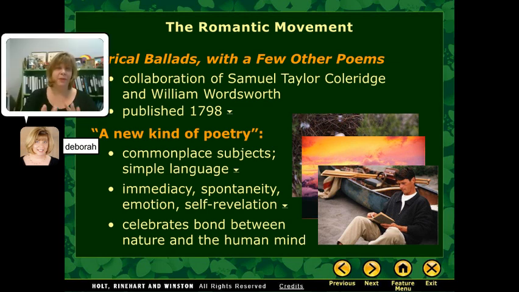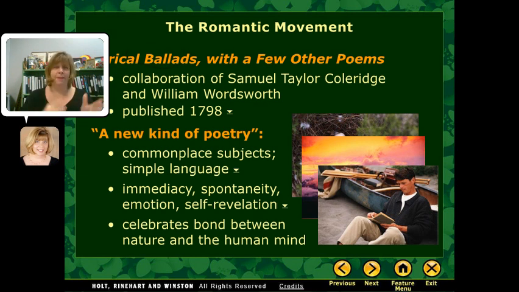Now, in Great Britain, the first piece of work that we really consider in the literary world to be part of this Romantic movement probably goes back to a book of poems that was published called Lyrical Ballads. And this was a collaboration of two of the greatest British Romantic poets, Samuel Taylor Coleridge and William Wordsworth. And this came out in 1798 and was really hailed as this sort of new kind of poetry, that it was about everyday sorts of things.